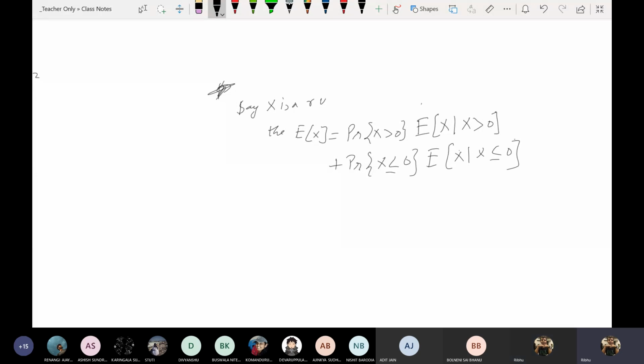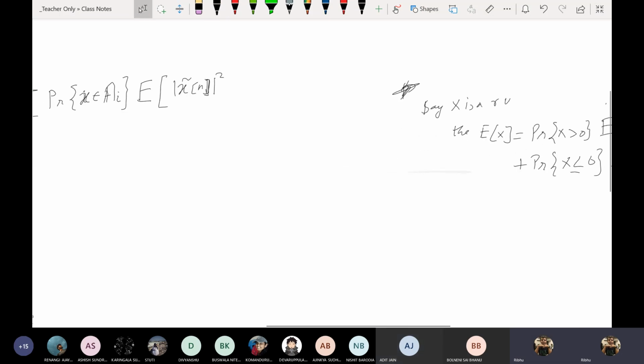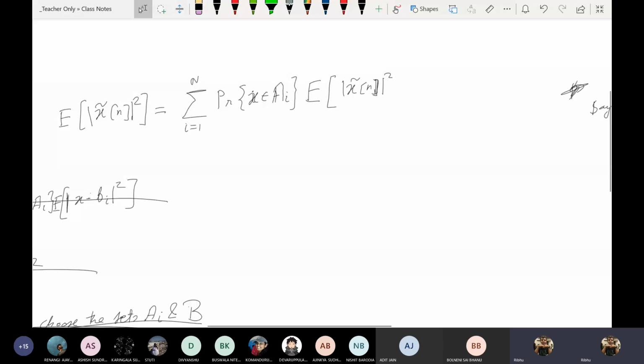Right? So this way I can partition the real line into n partitions and write it like x in ai.